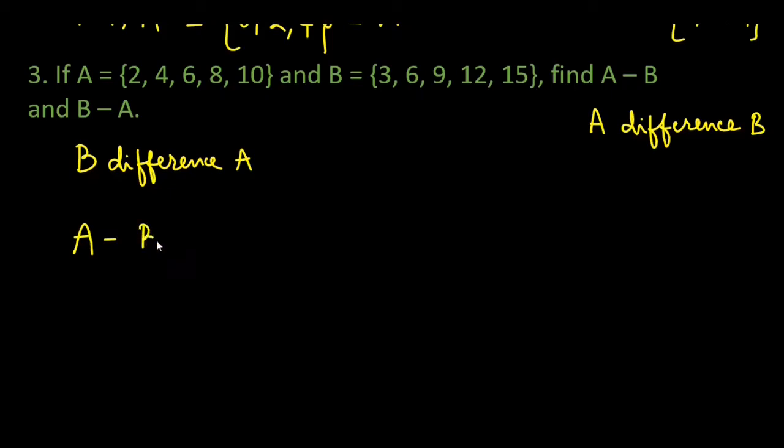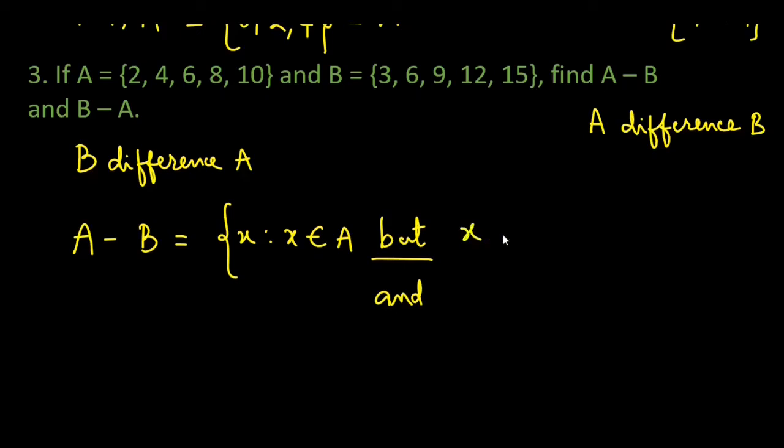A minus B, or A difference B, is the set of elements x such that x belongs to A and x does not belong to B.